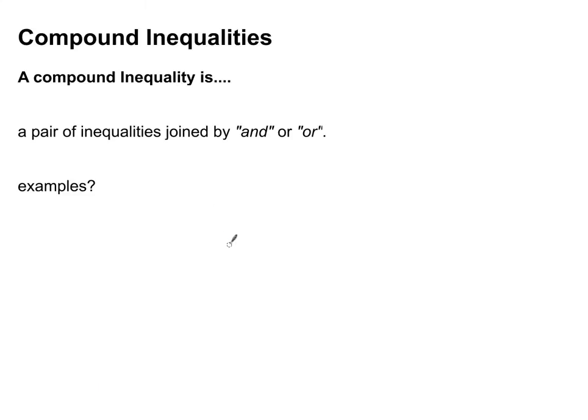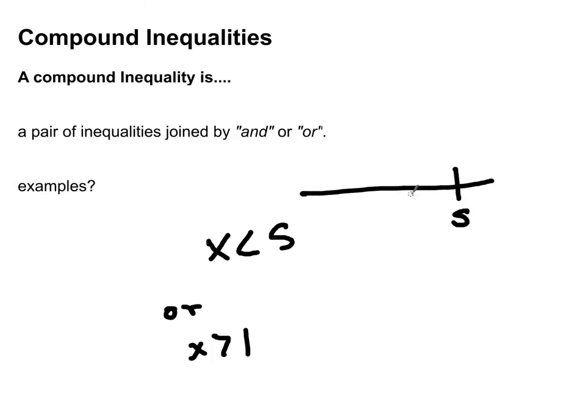Or is a little bit more tricky. What if I said x is less than 5 or x is greater than 1? Well, what this means is only one of these has to be satisfied. So let me draw the picture of this. Here's 5, here's 1. That's the solution. And these are the solutions. So since only one of these has to be met at any given time, any value that I pick for x is going to work here.